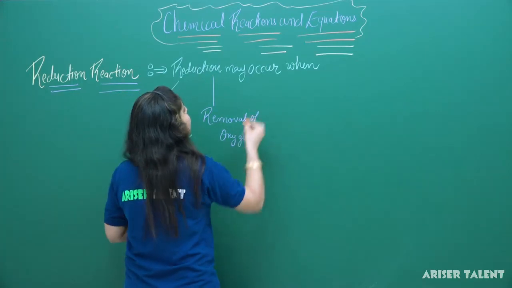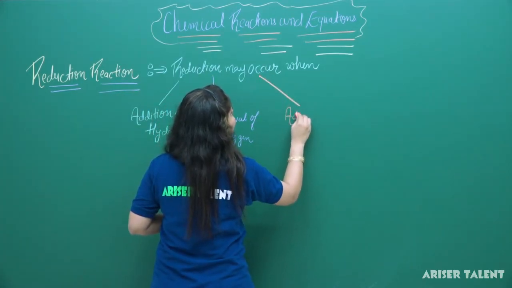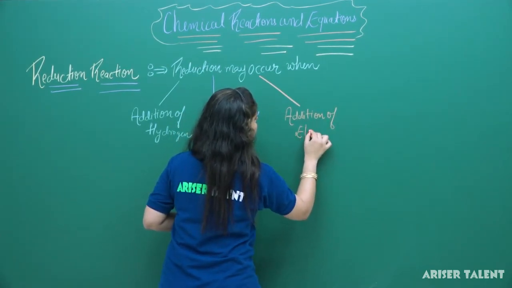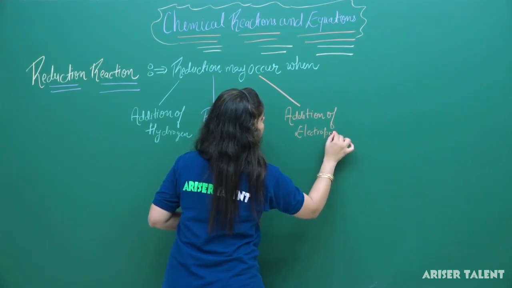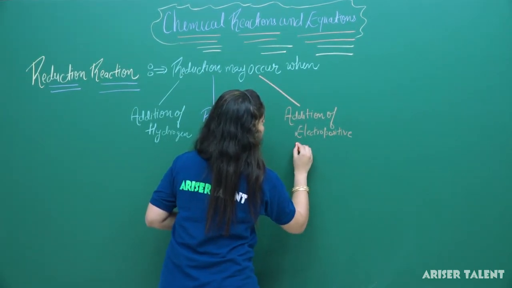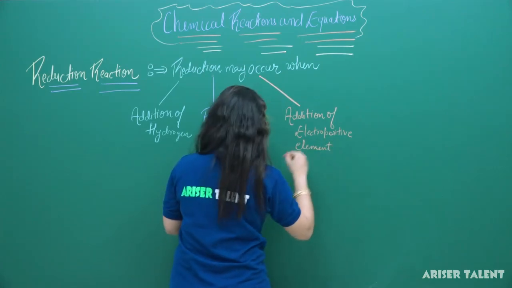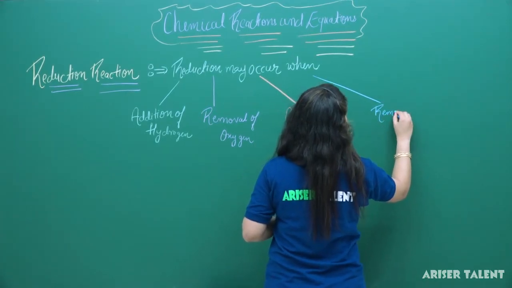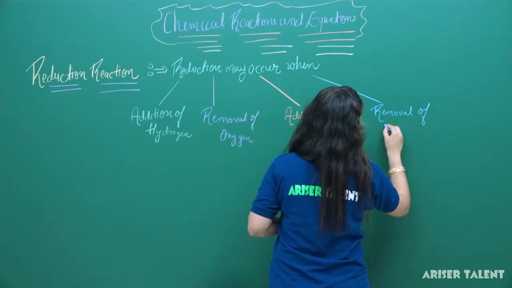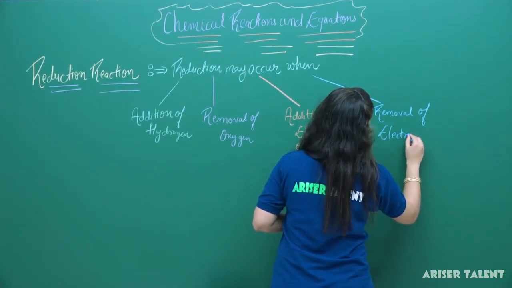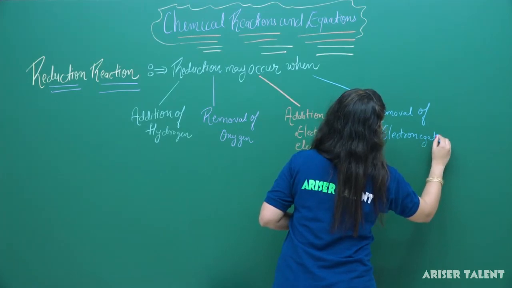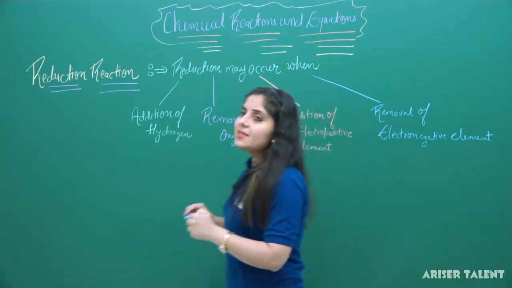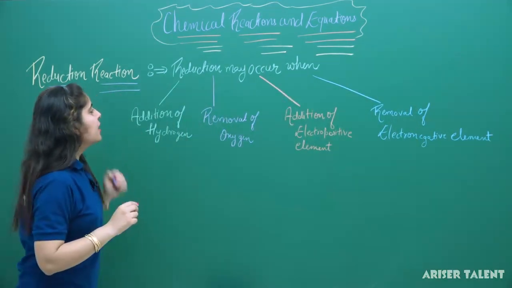In the third case, addition of electropositive element. And next, removal of electronegative element. So these are the basic 4 cases in which the reduction may occur.